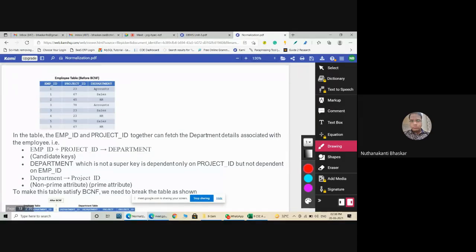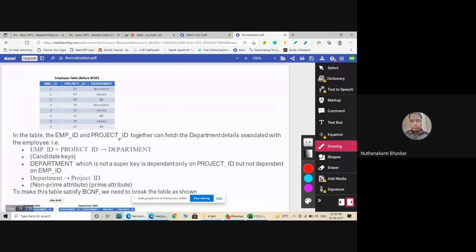Compulsorily we need both employee ID and project ID to define the department. Directly employee ID cannot define the department, because employee ID is one and it is accounts, same employee ID is one, but the department is sales. So there is no single attribute to define another attribute.